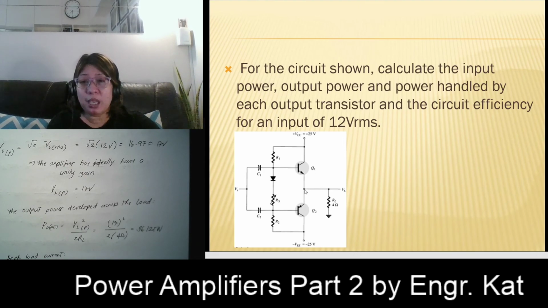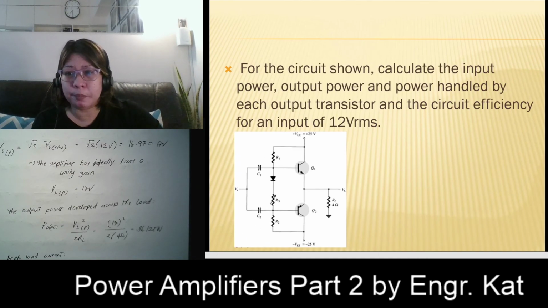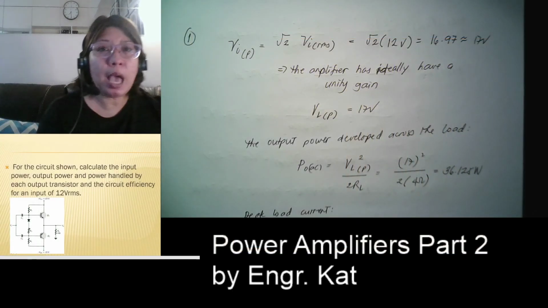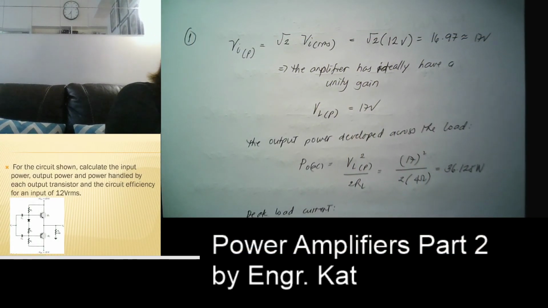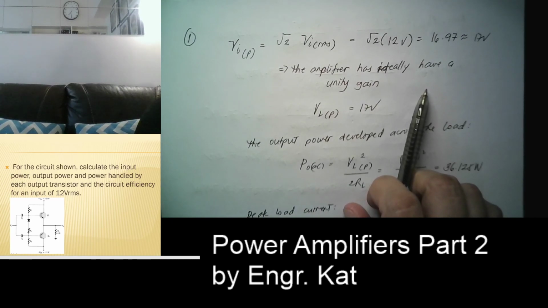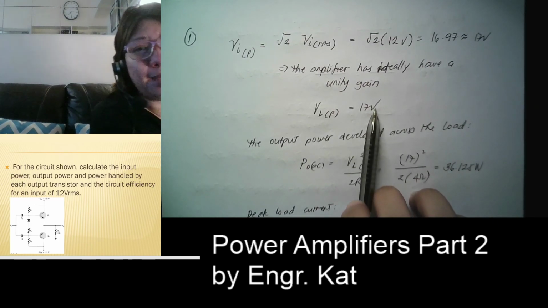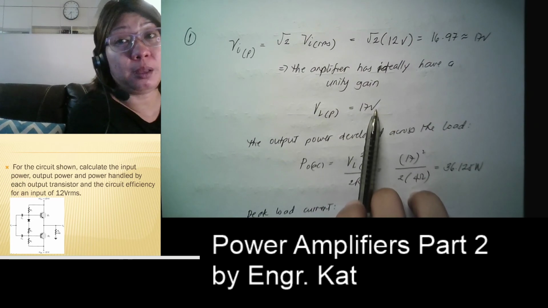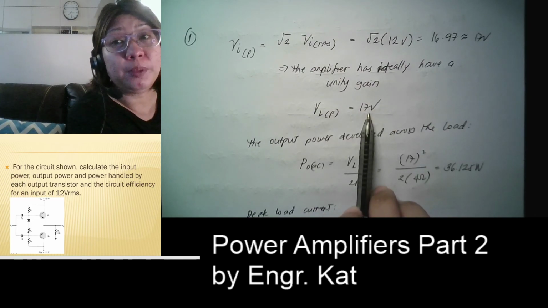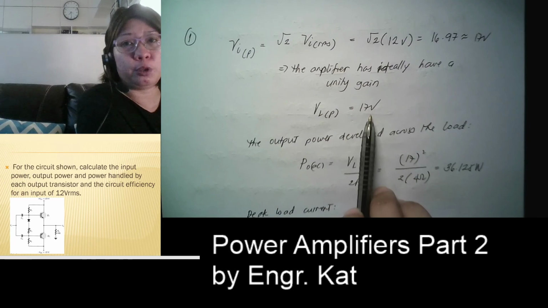Since we get our output here at the emitter, this is an emitter follower configuration. Therefore, the amplifier ideally has a unity gain. So if our input is 17 and we don't have any gain, the output is likewise equivalent to the input, which is 17 volts also.